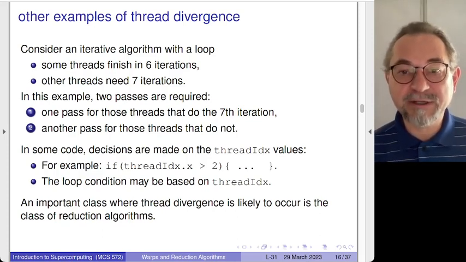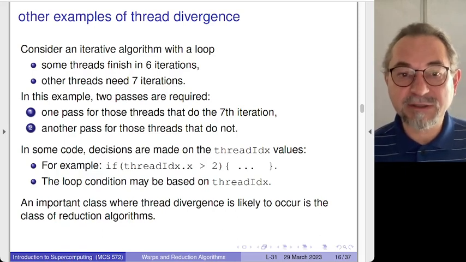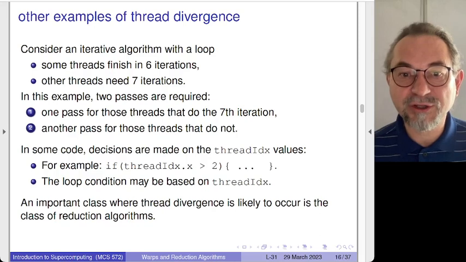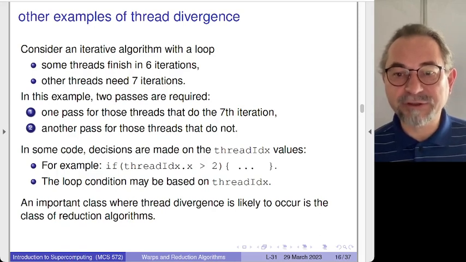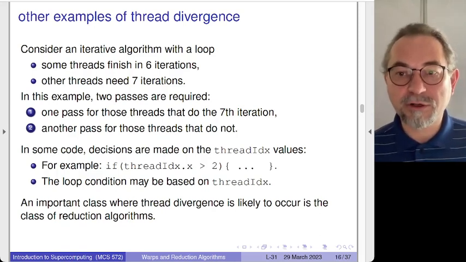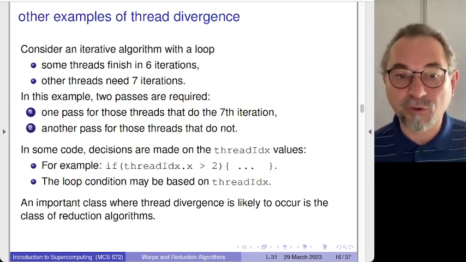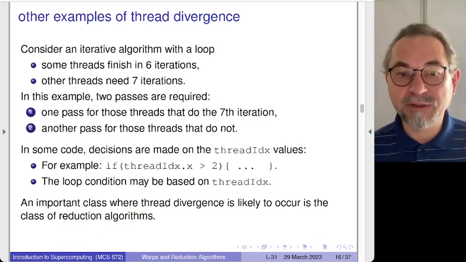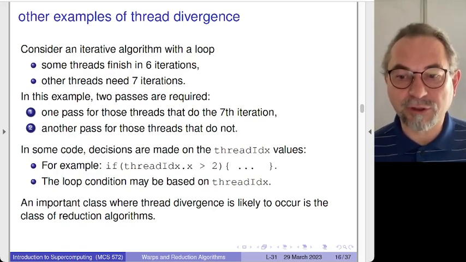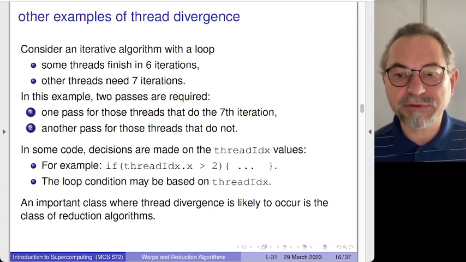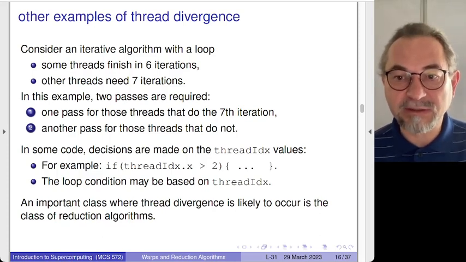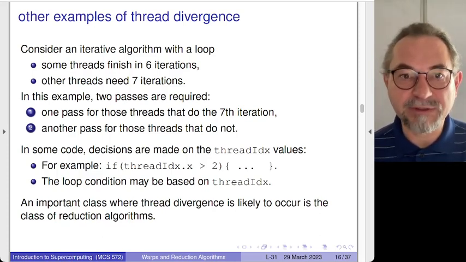Conditions can be expressed very naturally by if statements, just like in any language. And again, thread divergence is likely to occur and is unavoidable if we think of the important class of reduction algorithms. And this is the second and actually main part of this lecture.